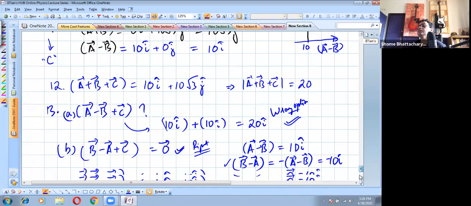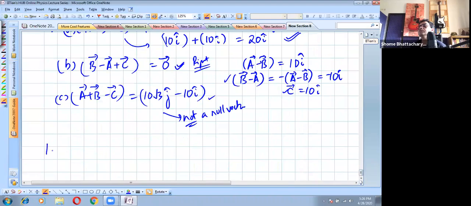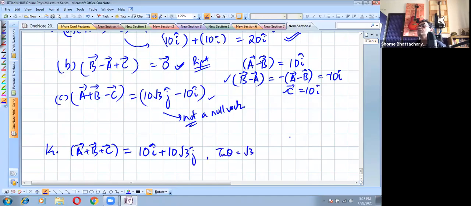So again for 14th question, you have to analyze A plus B plus C only, which we already analyzed, but not for magnitude. You have to find the angle. So I'm just copy pasting A plus B plus C from above. It is 10 I cap plus 10 root 3 j cap. So you can see that tan theta is equal to root 3 and it's in quadrant 1.